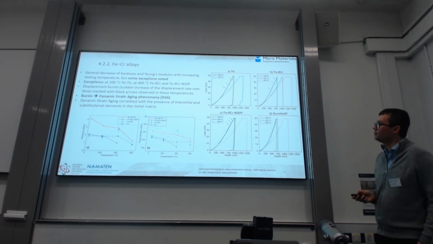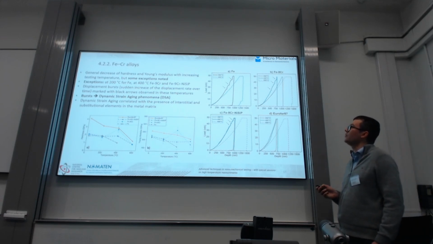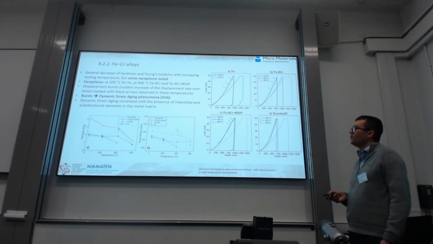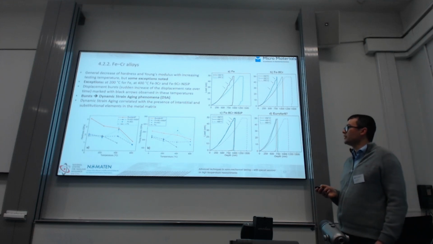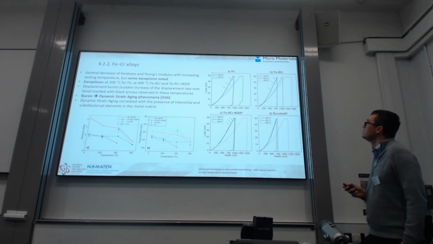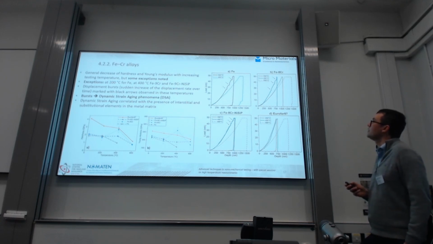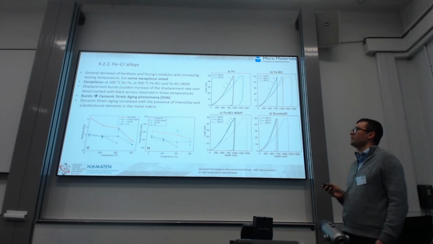But for some temperatures, depending on the alloy, for example for pure iron at 200 degrees C, and for these two alloys at 400 degrees C, there is a slight increase of the hardness for this iron and even higher for the second one. And on these curves, we can see some bursts, and this is probably the dynamic strain aging phenomenon.